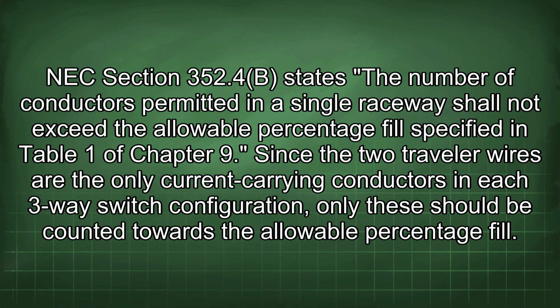NEC Section 352.4(B) states the number of conductors permitted in a single raceway shall not exceed the allowable percentage fill specified in Table 1 of Chapter 9. Since the 2 traveler wires are the only current-carrying conductors in each three-way switch configuration, only these should be counted towards the allowable percentage fill.